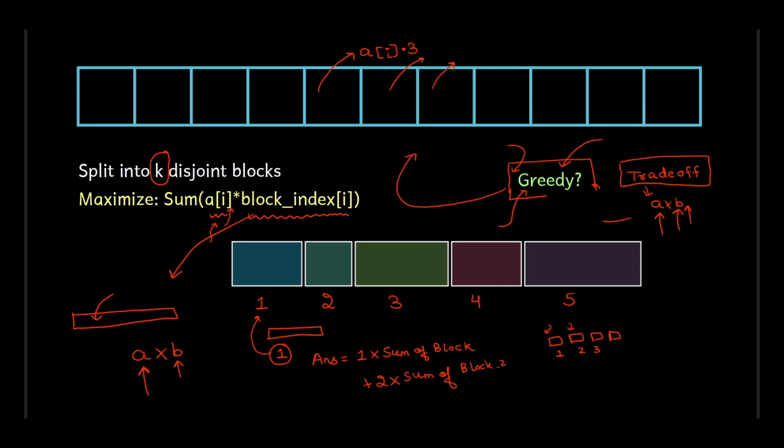Either it can be solved via dynamic programming, or you go via the brute force route and you compute all the possible block distributions. But I'm telling you that this problem can indeed be solved without using dynamic programming, and anyway brute force is not an option, because we want to solve it in O of n. We can't try all the possible start positions for the first block. Okay, so how do we exactly solve it?